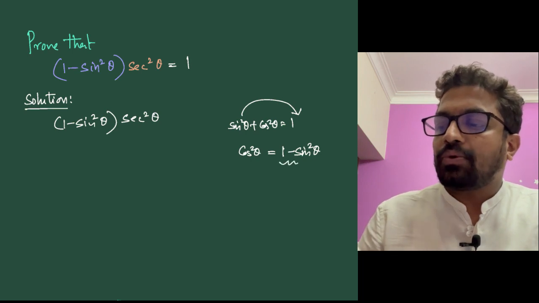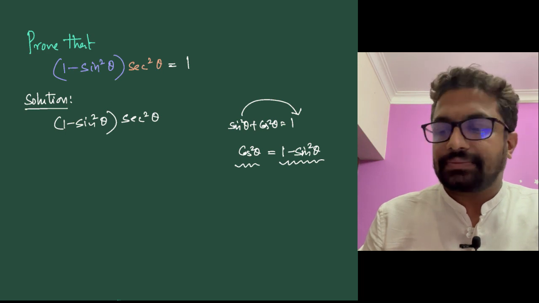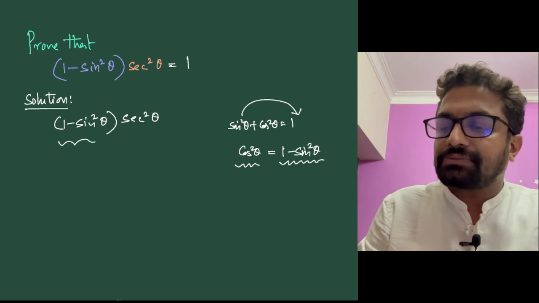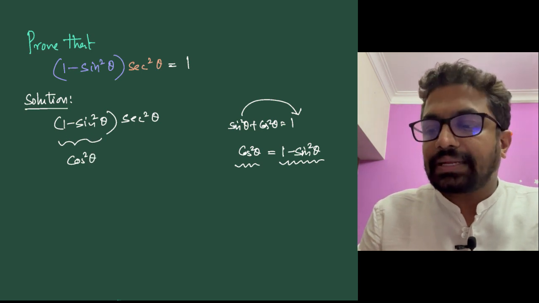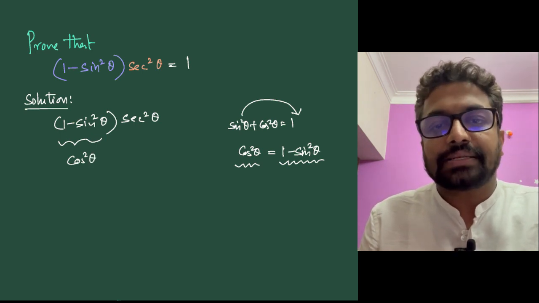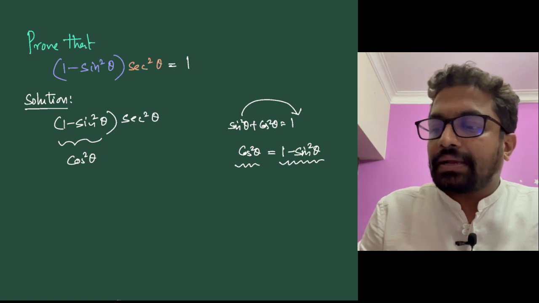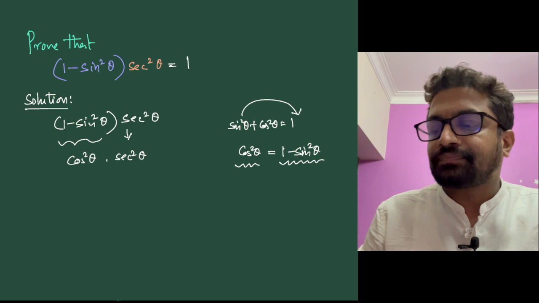So that means 1 minus sin square theta is nothing but cos square theta. So can I replace 1 minus sin square theta by cos square theta? Let me write cos square theta in place of 1 minus sin square theta, and I will write secant square theta as it is in this step.